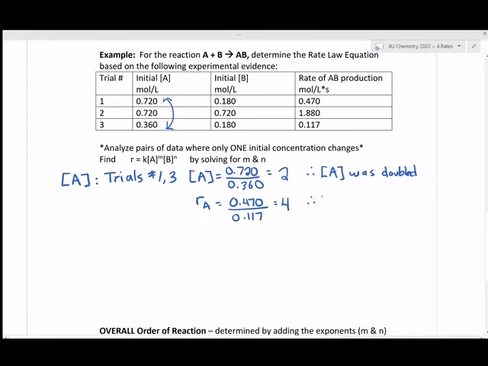So the rate quadrupled. And if it quadrupled, that is like the square of what you did to the actual concentration. So 2 squared equals 4, and it's that square that is now going to tell you that A is second order.